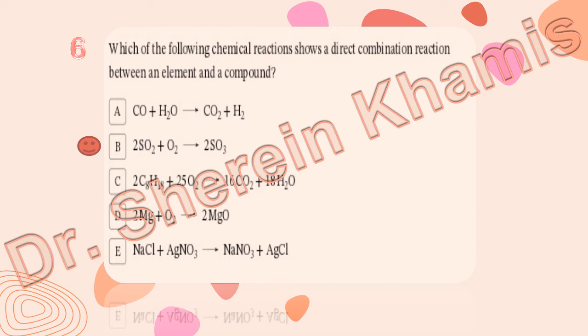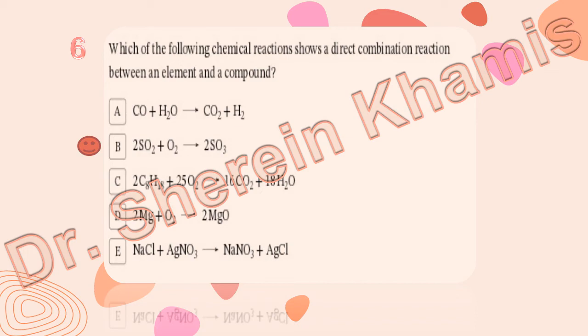We must write a triangle over the arrow to give 2 SO2 to give 2 SO3, sulfur trioxide, as a single product from a direct combination between a compound and an element.